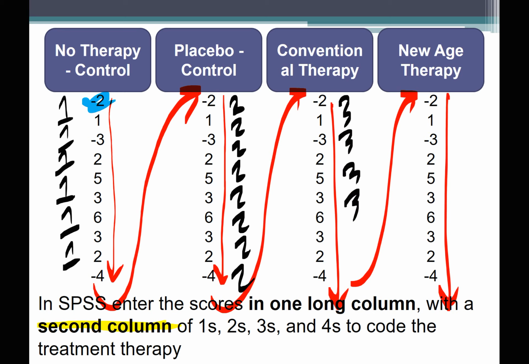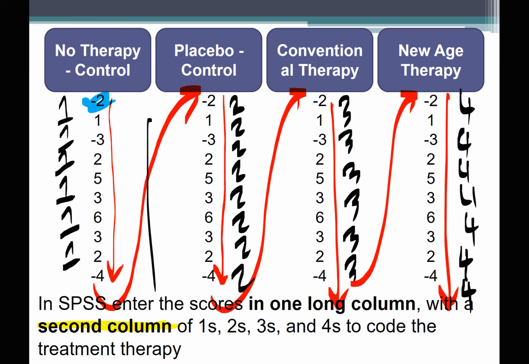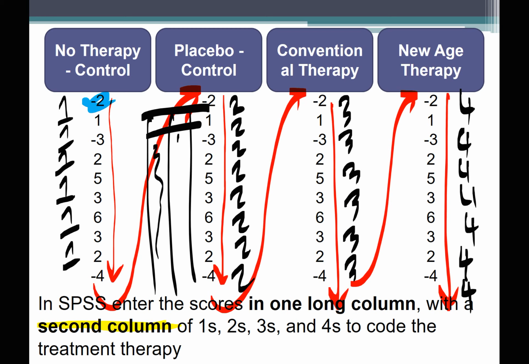So each number would have another number that represents which group it's in. At the end, you have 2 columns. The first column is their actual score. The second column says which group they're in, if they're in group 1, group 2, group 3, and so on. Okay?